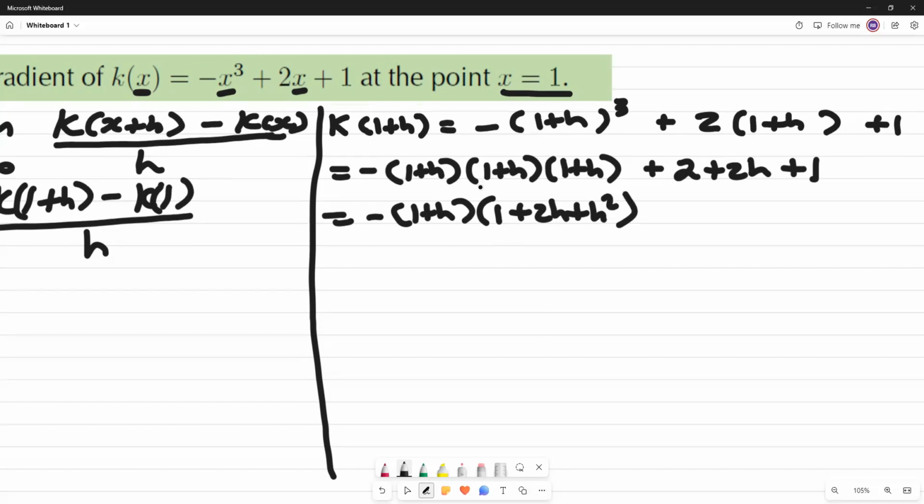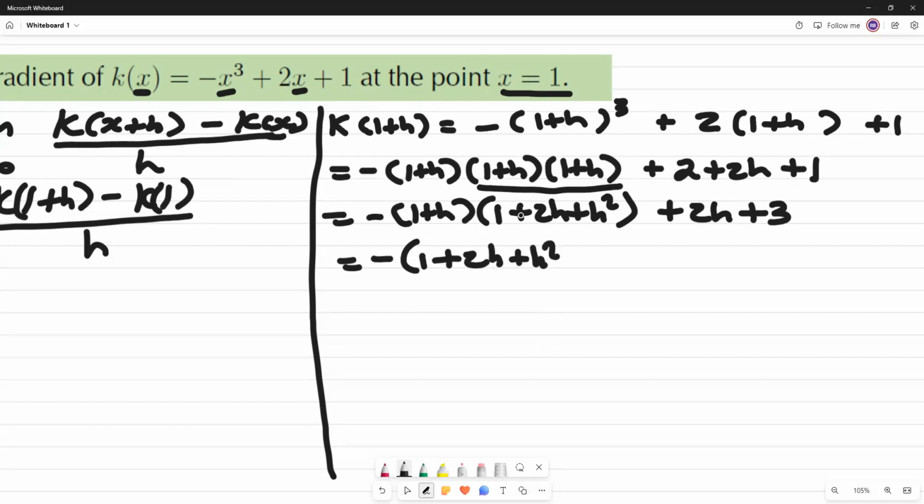When you multiply these two brackets, you're going to end up with that. So here I have plus 2h plus 3. And then I'm going to have negative 1 times this, it's 1. And then 1 times that is still that. 1 times that is basically that. And then h times 1 is h. Then h times that is plus 2h squared plus h cubed, right?